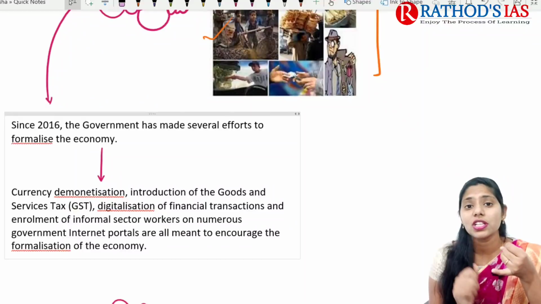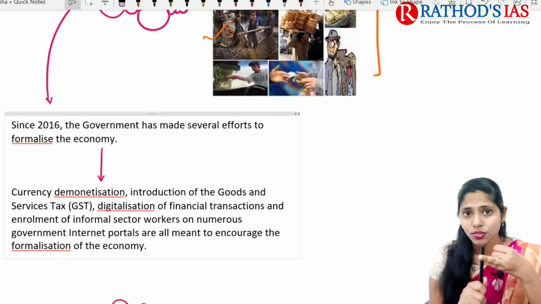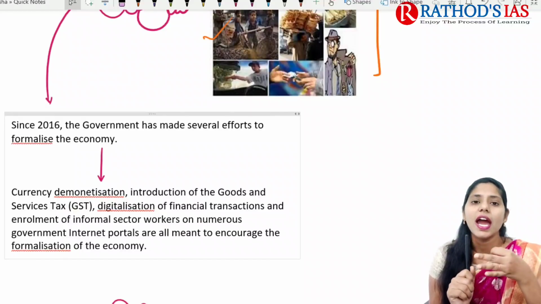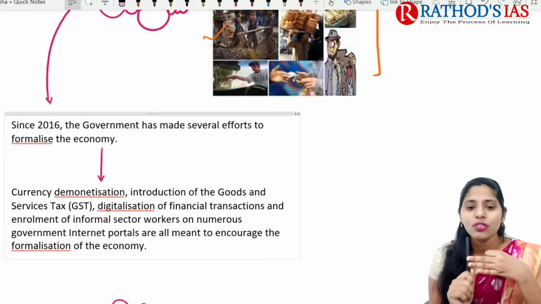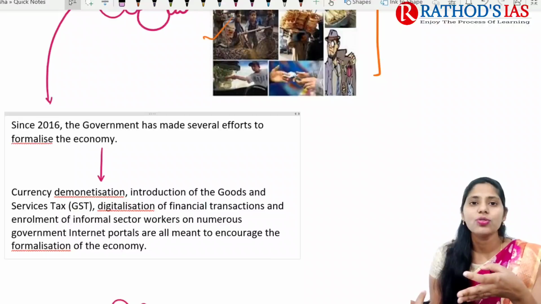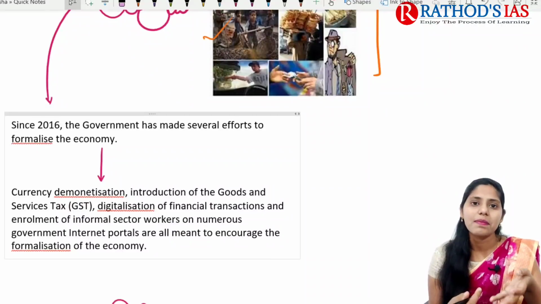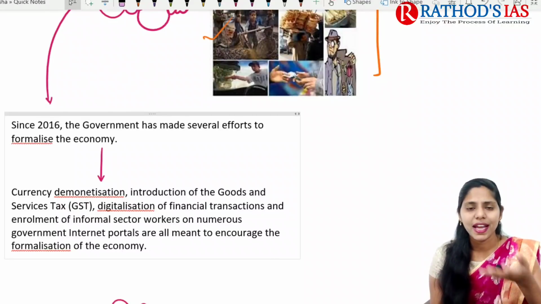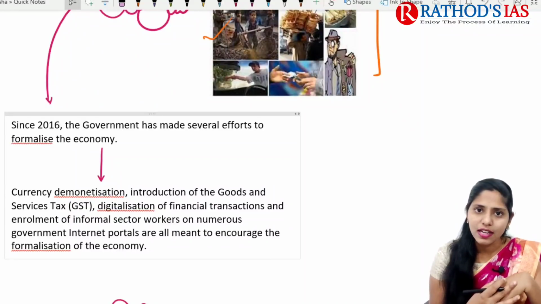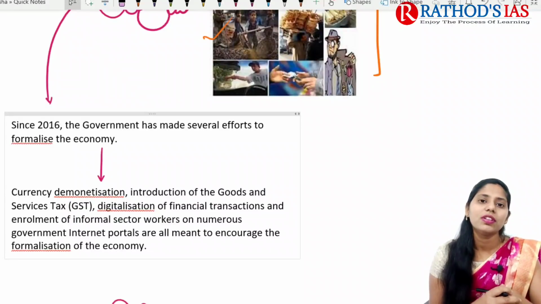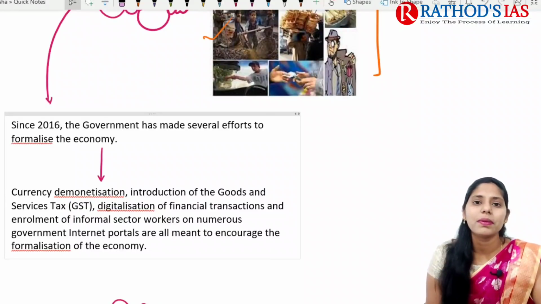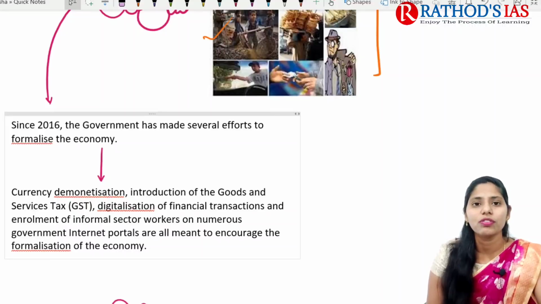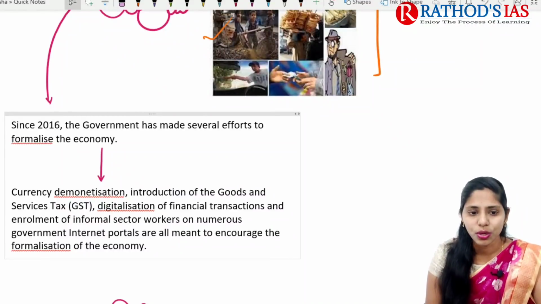Demonetization is the first step, and next is the introduction of GST in 2017, and we came with digitalization of financial transactions. At present we are using different types of apps like PhonePe and Google Pay. We are mainly going for digital transactions, and there is a decrease in paper transactions. Now we are going for paperless transactions through the digital mode.